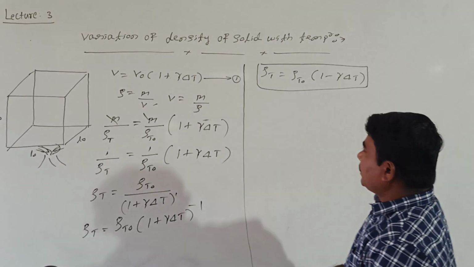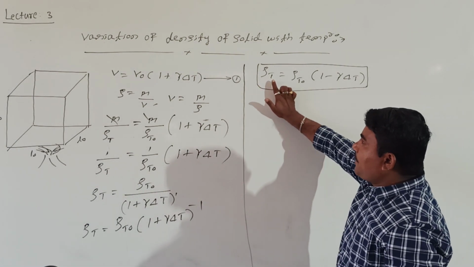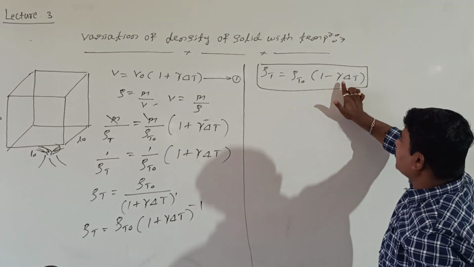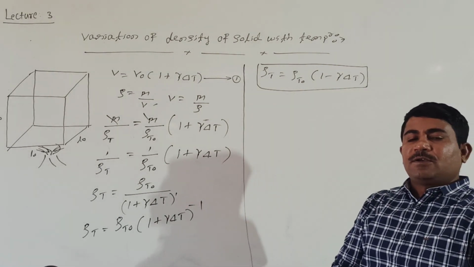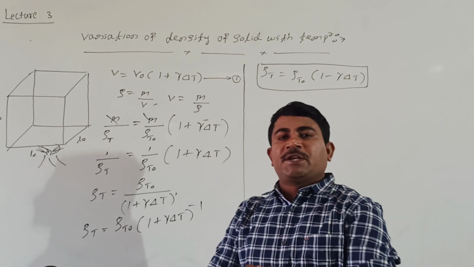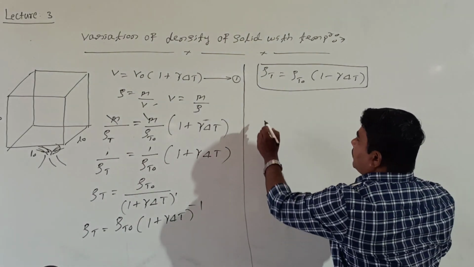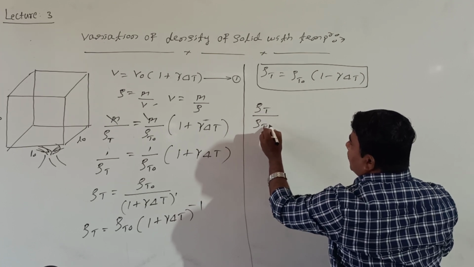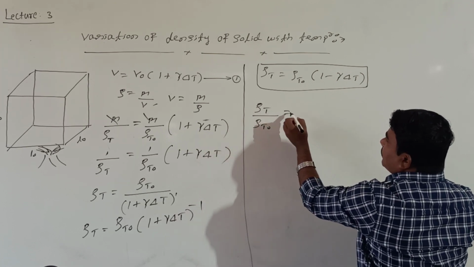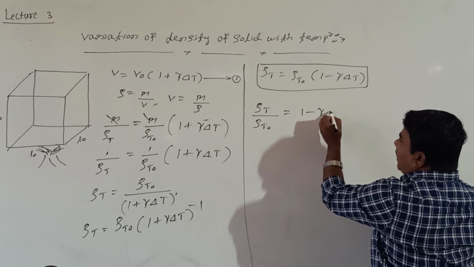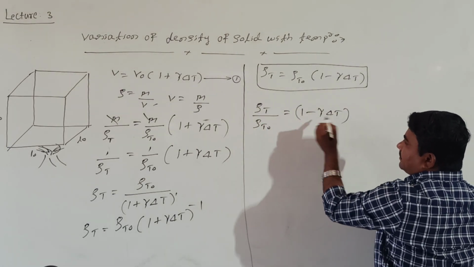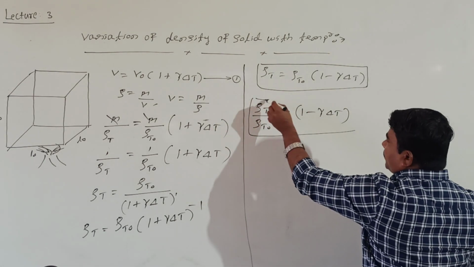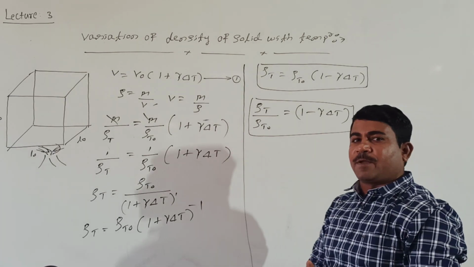The ratio of change in density, density at temperature T divided by density at temperature T naught, is equal to 1 minus gamma into delta T.